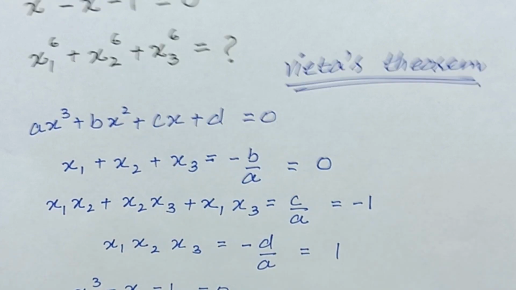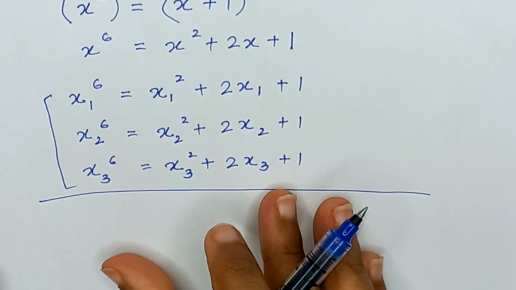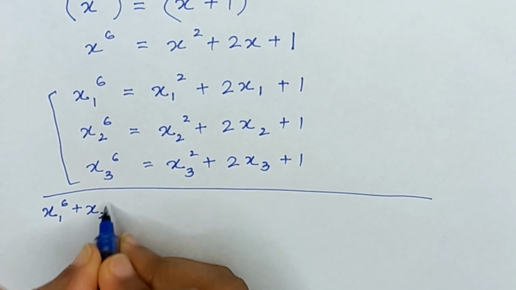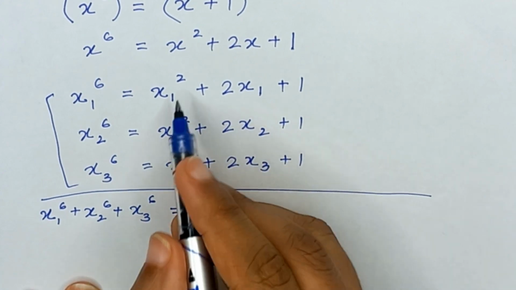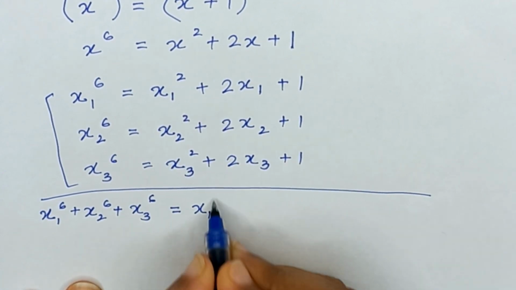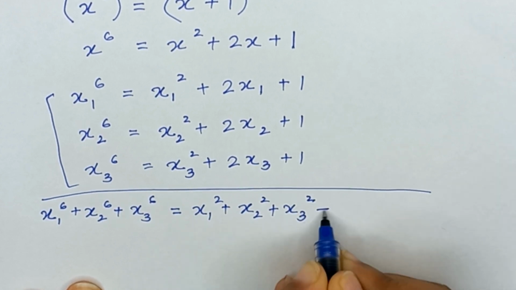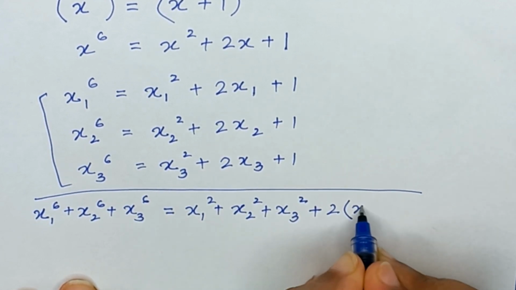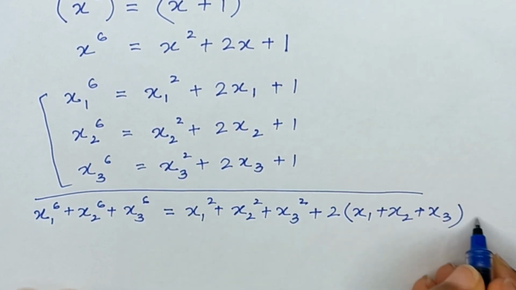Now, to find this expression, I will add all these three equations. It becomes x1 raised to the power 6 plus x2 raised to the power 6 plus x3 raised to the power 6 is equal to x1 square plus x2 square plus x3 square, plus 2 times x1 plus x2 plus x3, plus 1 plus 1 plus 1 is 3.